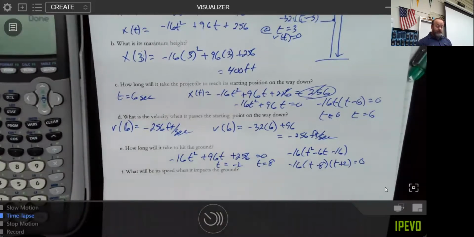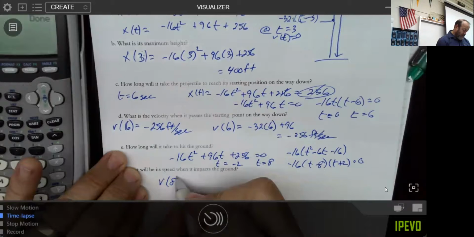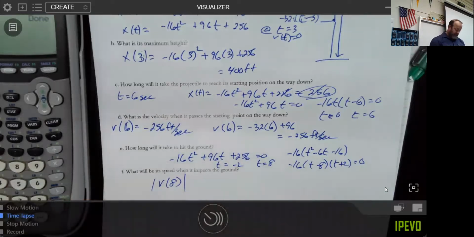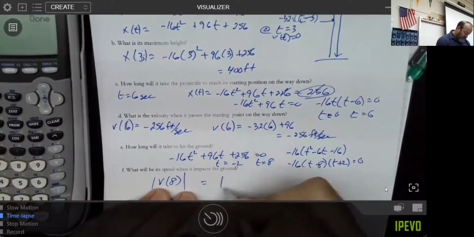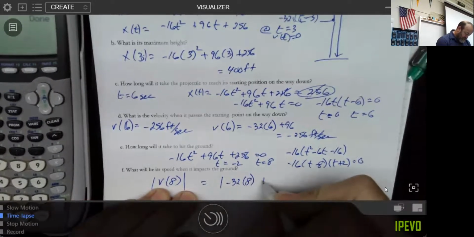And then, of course, the speed at which it hits the ground would be the absolute value of that velocity function evaluated at 8 seconds. Because remember, velocity is a vector. It can be positive, it can be negative, but speed is an absolute value. It's just a magnitude. So let's see what happens if we took negative 32 times 8 plus 96.